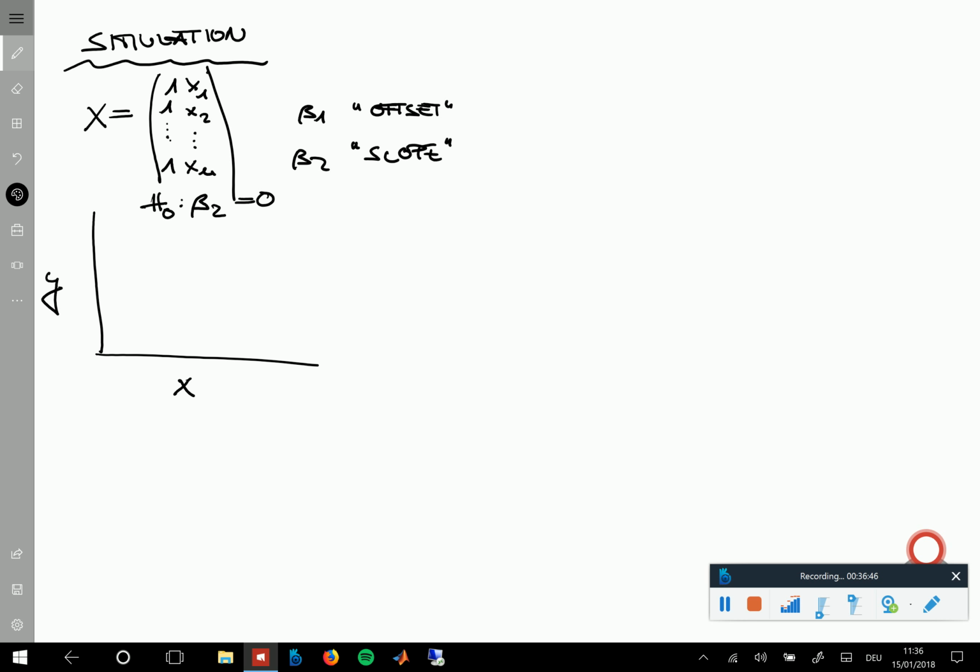If beta 2 is 0, we know what we expect in a simple linear regression case, namely that there is no slope, or the slope is 0. So we have a constant value of the dependent variable as a function of the independent variable.